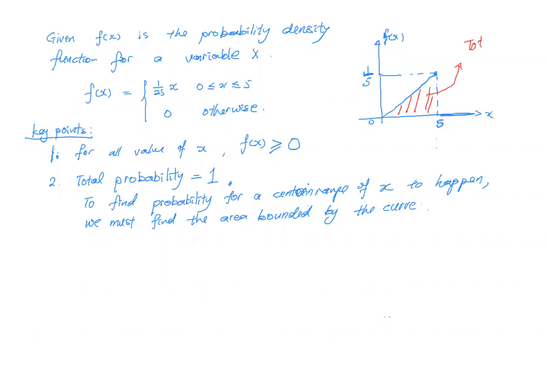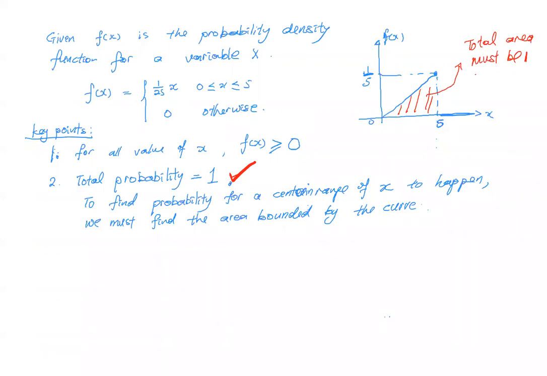Total area must be what? Must be 1. How can it be less than 1? These are all my possible values for x, correct? So if I find the total area, it must be equal to 1. So you have to check. If not, it won't be a valid probability density function.